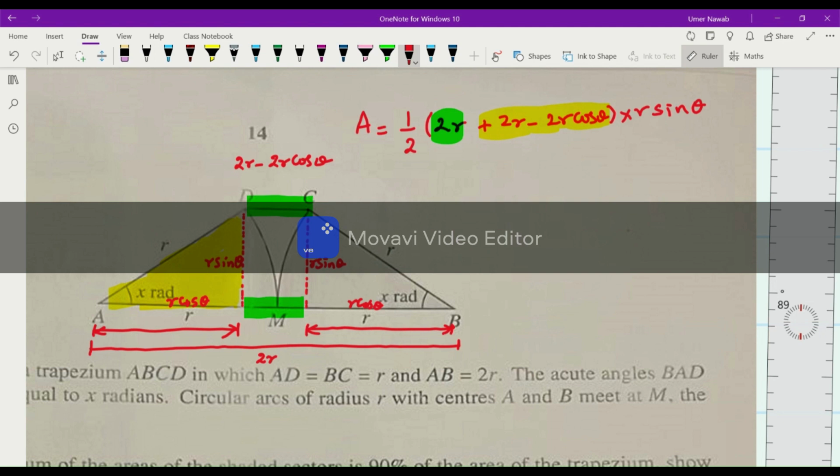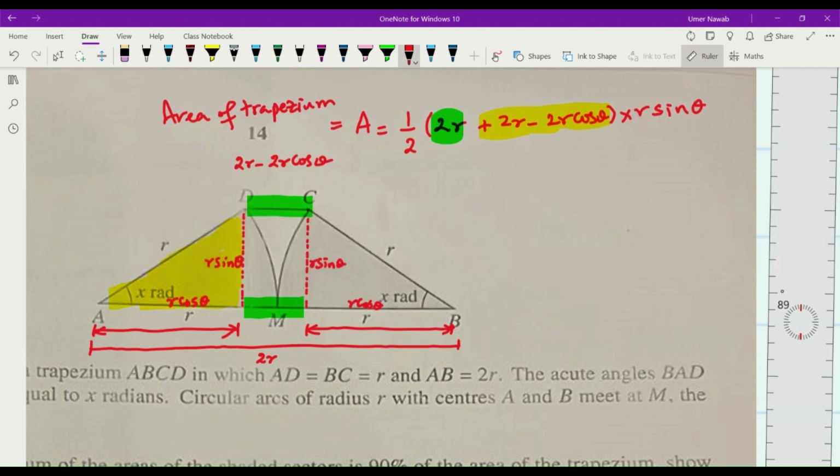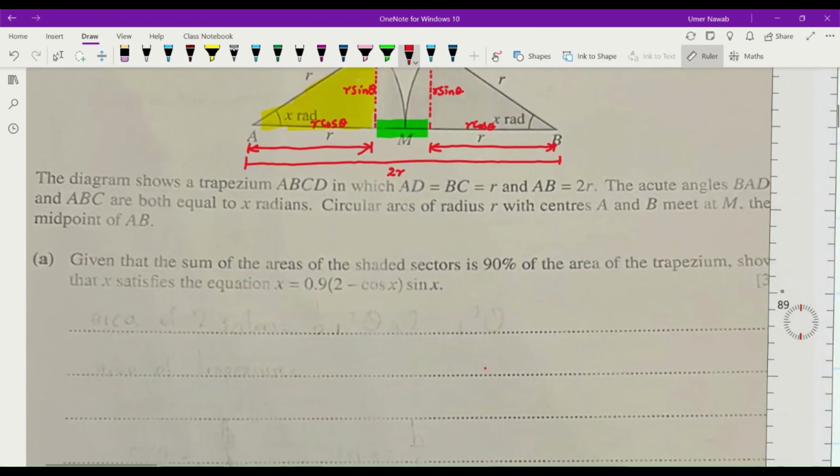So this A represents the area of a trapezium.